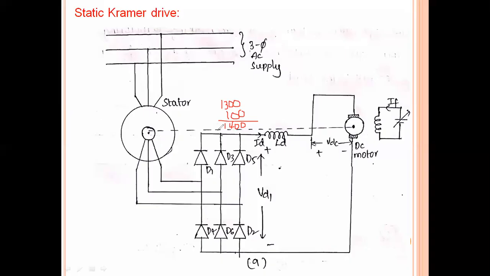The DC motor rotor shaft is connected to the induction motor, and the running speed of this motor will boost the actual speed of the induction motor. So we are improving the performance by taking the feedback of the slip power. Simply, we are reusing this wasted slip power.